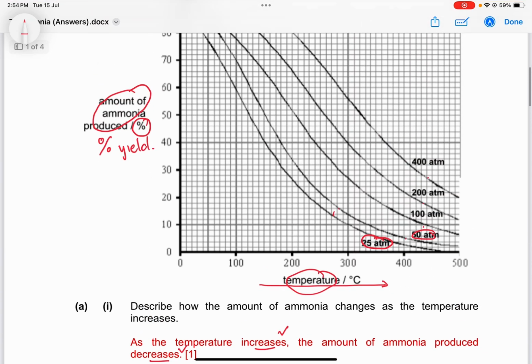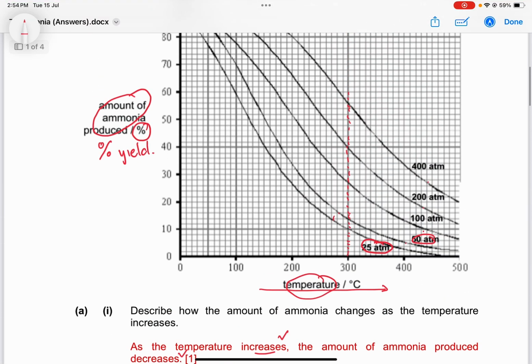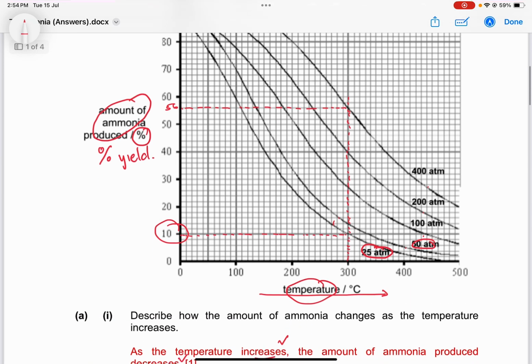So at 300 degrees Celsius, I draw a line like this. Then I choose two pressures. In this case, they chose 25 and 400. So at 25, at 400, this is 56, this is 10.